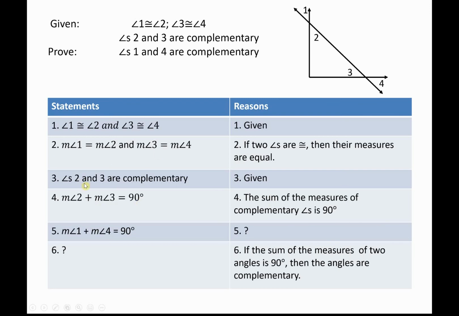Because these two angles were categorized as complementary, so I'm using that definition to create this equation here. Now, notice that from statement 4 to statement 5, it's pretty much almost the same statement, but what's the difference? Well, the measure of angle 1 turned into the measure of angle 2 turned into the measure of angle 1.